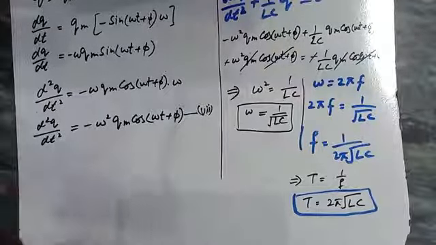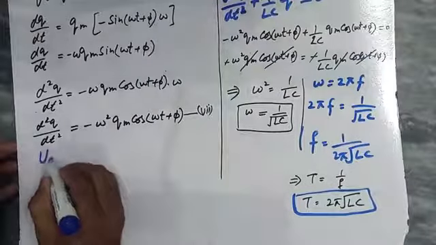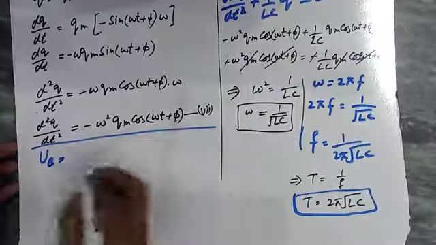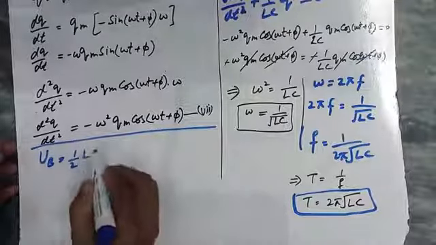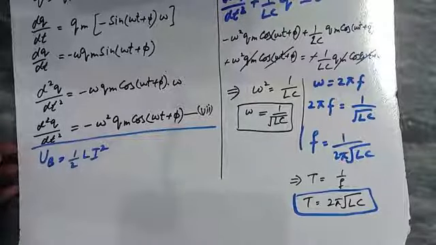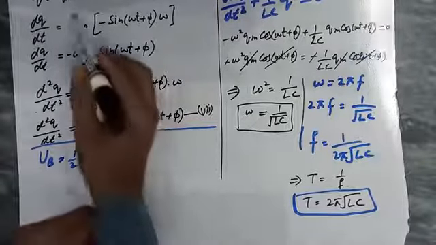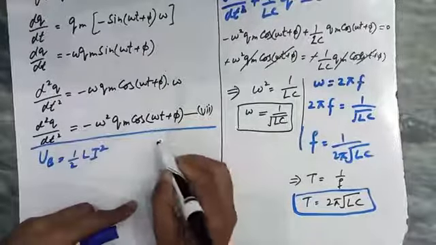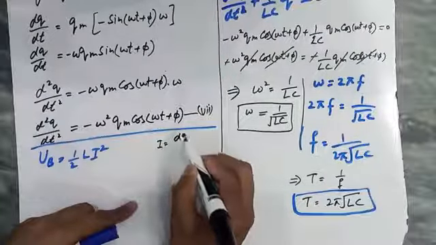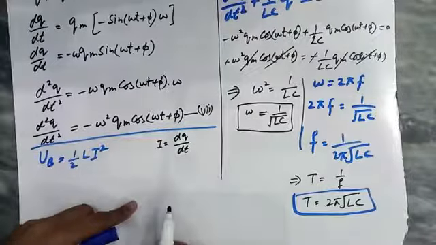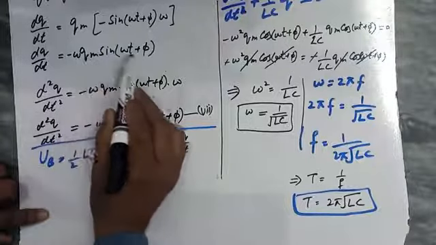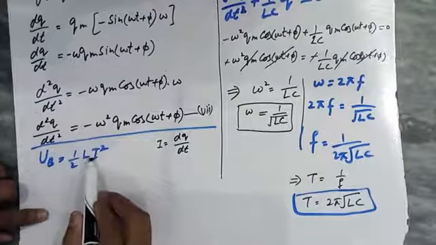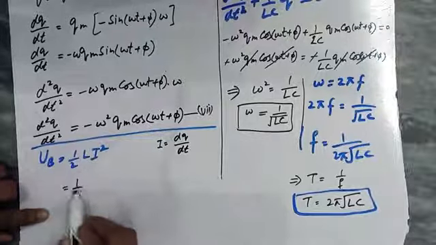Magnetic energy is given by half Li square, and the value of current as calculated from this charge is current I is equal to dq over dt, and the value of dq over dt is minus omega Qm sin(omega t plus phi). So putting values here, I get 1 over 2 L.